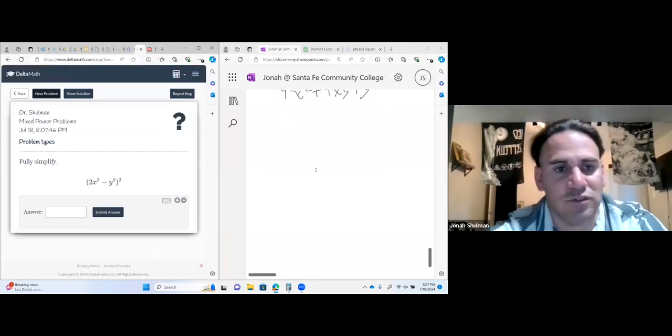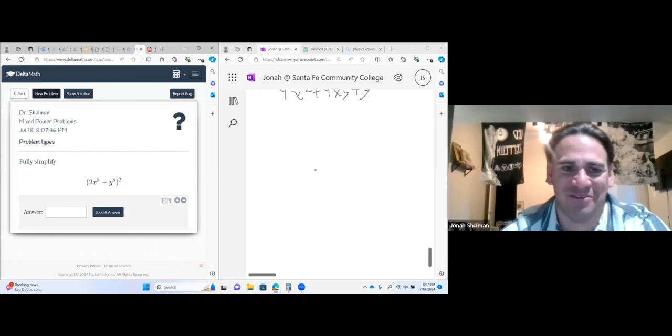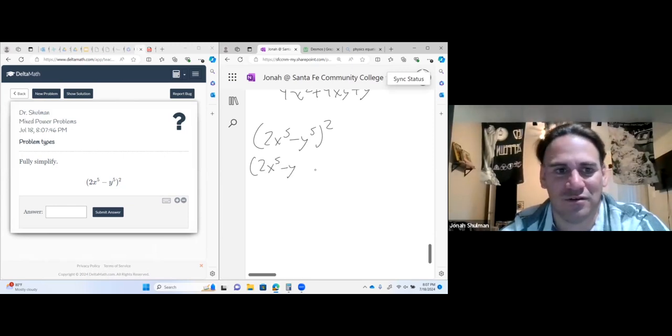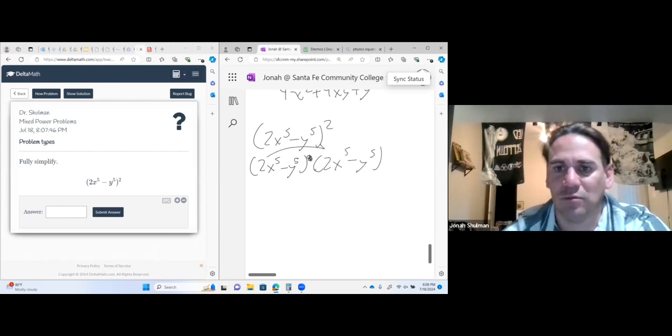I assumed it would just do it. It's almost exactly what I wrote. 2x to the fifth minus y to the fifth squared. So 2x to the fifth minus y to the fifth. Oh, they're both 5. Okay. 2x to the fifth minus y to the fifth. To do this, I always go double rainbow.